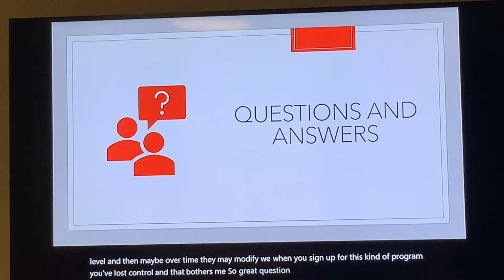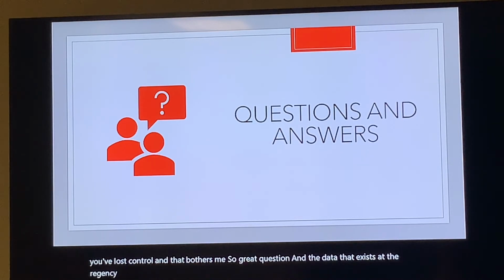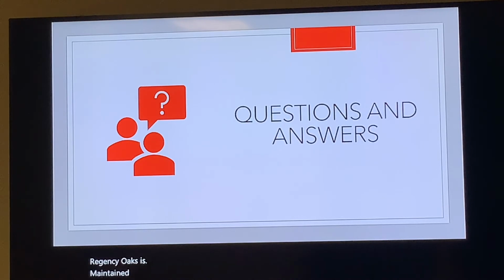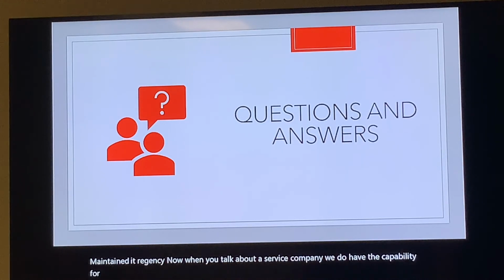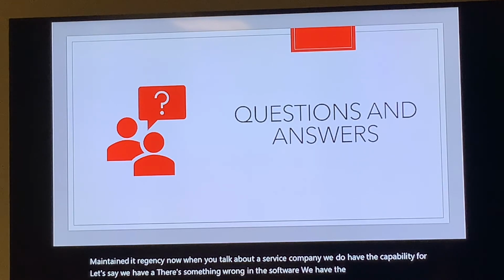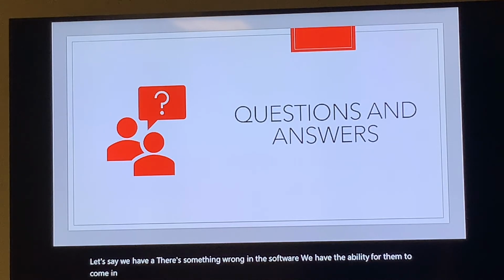Great question. The data that exists at Regency Oaks is maintained at Regency Oaks. Now, when you talk about a service company, let's say there's something wrong in the software. We have the ability for them to come in remotely and evaluate the problem and try to fix it remotely. We absolutely have to have that ability.